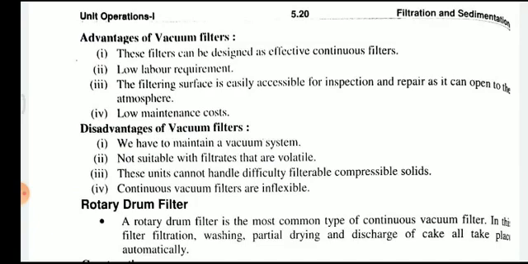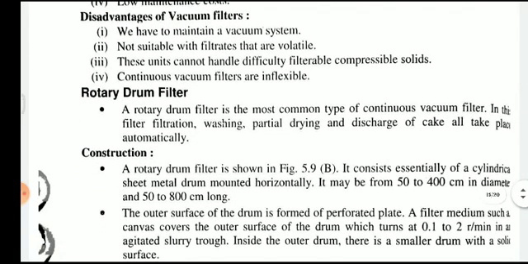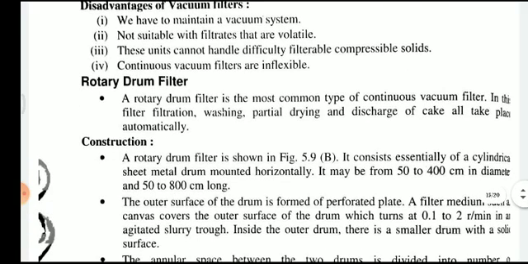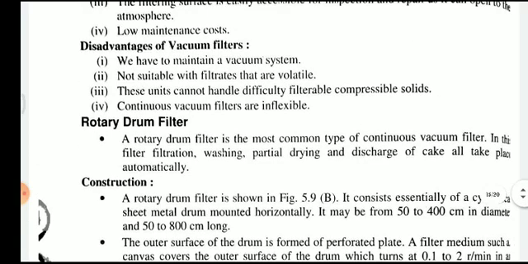The filtering surface is easily accessible for inspection and repair as it can be opened to the atmosphere, and maintenance cost is low. Disadvantages: we have to maintain a vacuum system, not suitable for filtering volatile liquids, this unit cannot handle difficult to filter compressible solids, and continuous vacuum filters are inflexible. So these are the disadvantages.